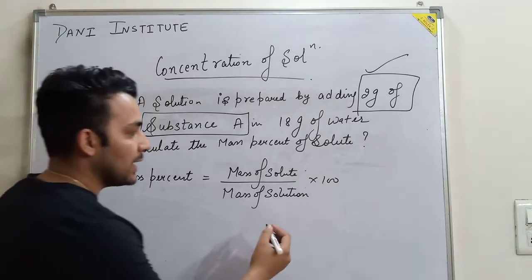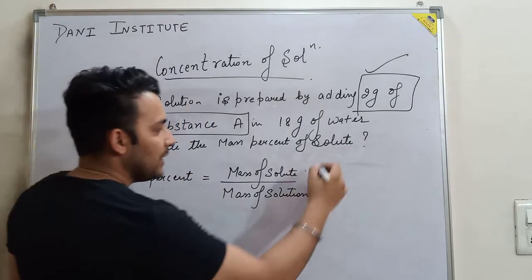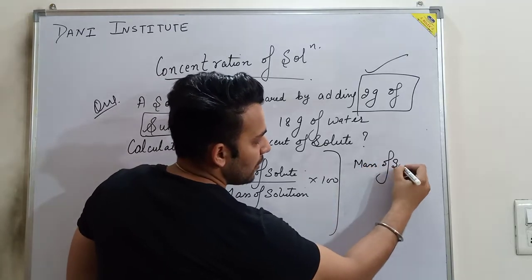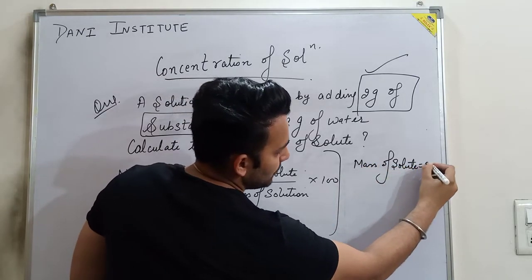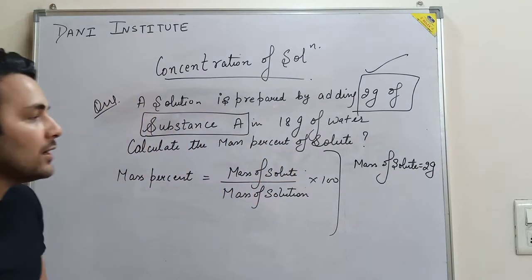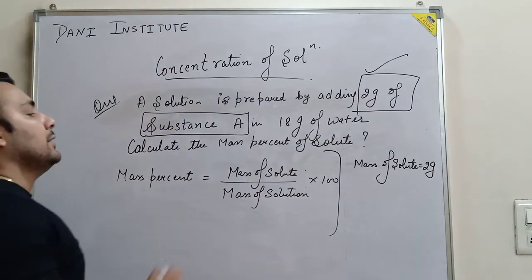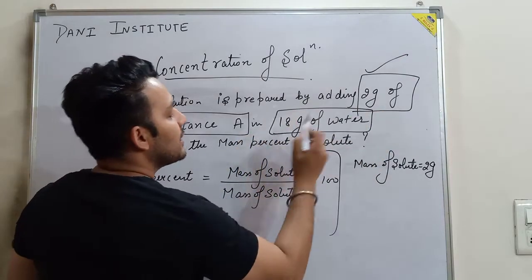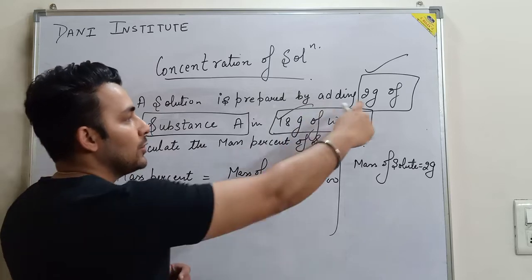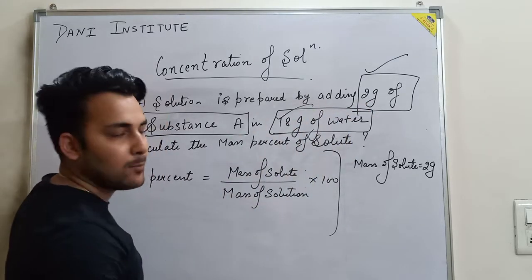Mass of solute, that means we have come to know about the mass of solute. Mass of solute is 2 gram, given in the numerical. Now next, it is dissolved in 18 gram of water.